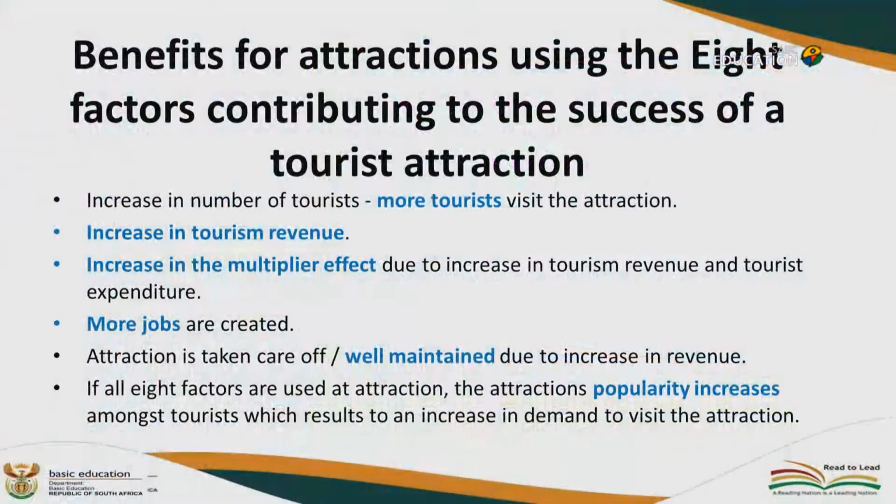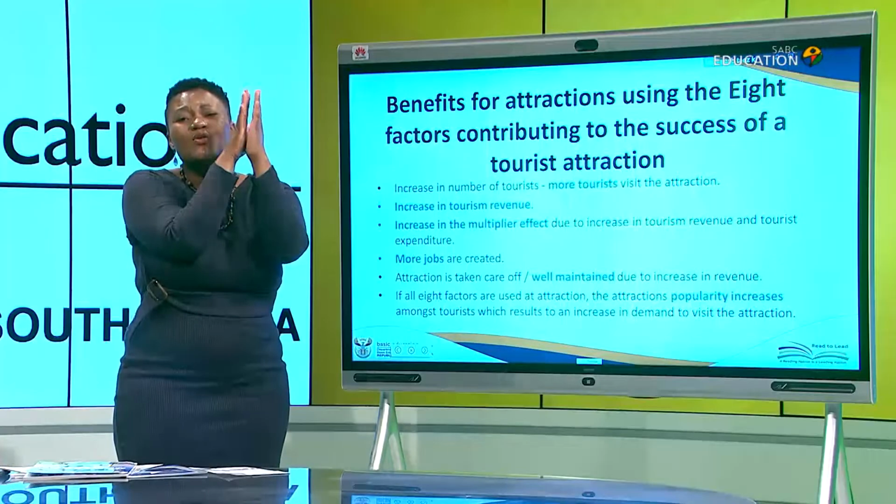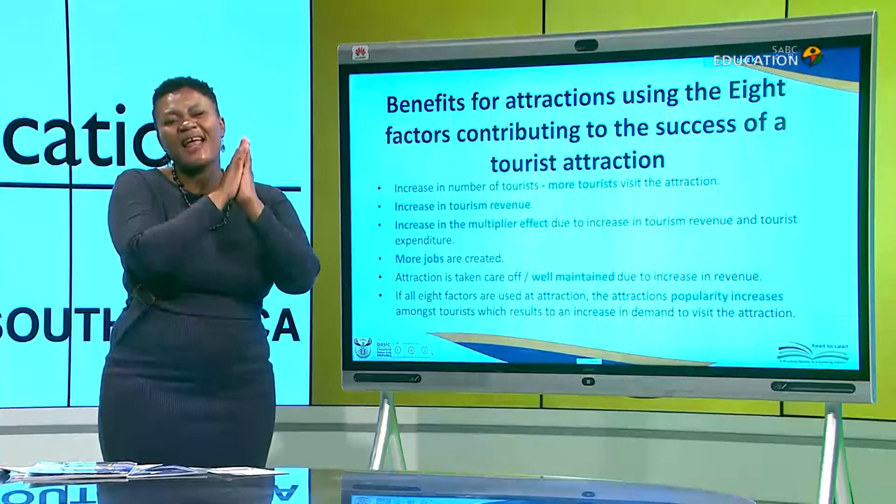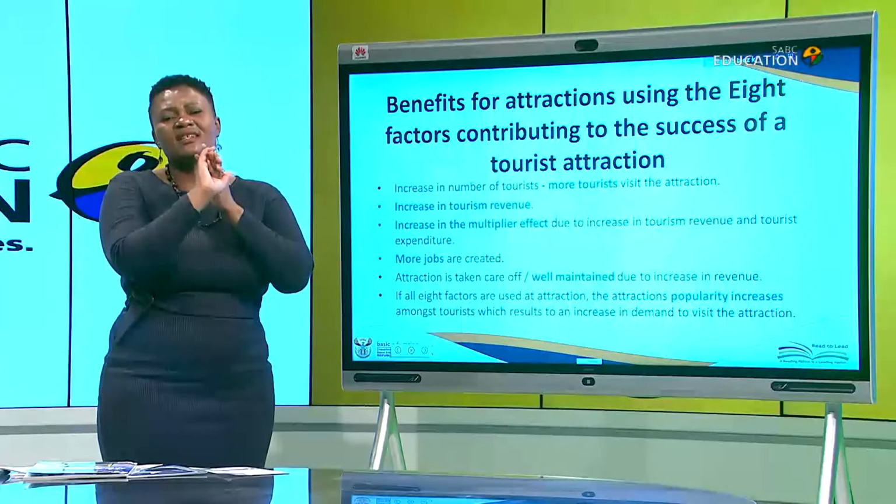If the attraction is successful, more jobs are created. So if you use these 8 factors, with more tourists coming to the attraction, more jobs are created. The attraction is taken care of and well maintained due to the increase in revenue. If all 8 factors are used at an attraction, the attraction's popularity increases amongst tourists, which results in an increase in demand to visit the attraction. So if all the 8 factors, guys, are used, your attraction will be successful, because you have not left any factor unattended. You did excellent marketing.